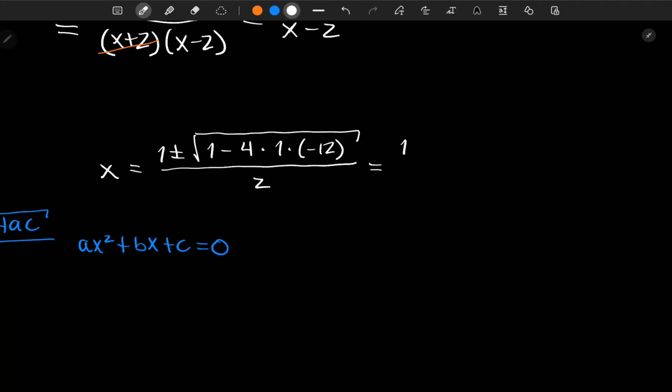So this is 1 plus or minus the square root of 1 plus 24, over 2. 1 plus 24 is 25. The square root of 25 is 5. So this is 1 plus or minus 5 over 2.